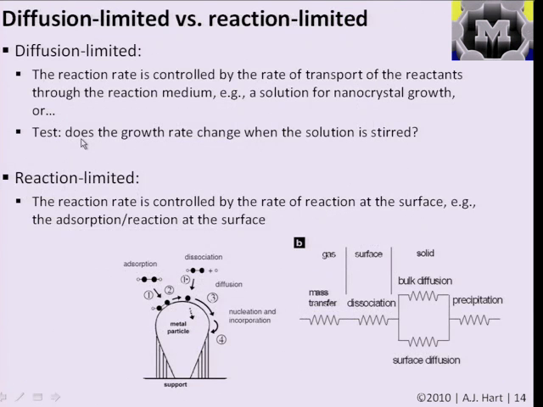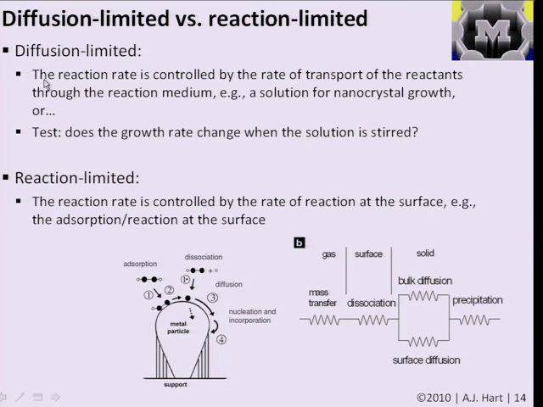So I want to introduce two basic modes of growth or modes of reaction, and I'm sure many of you have heard of these in contexts of chemistry and kinetics, but to state them to start, we're going to consider the case of diffusion-limited growth or diffusion-limited kinetics.